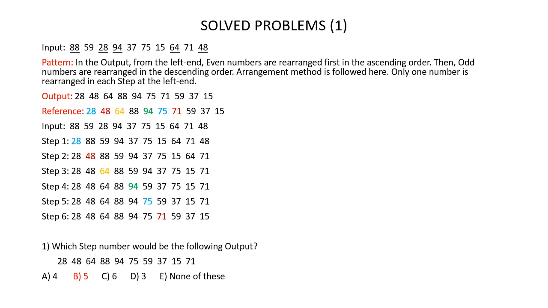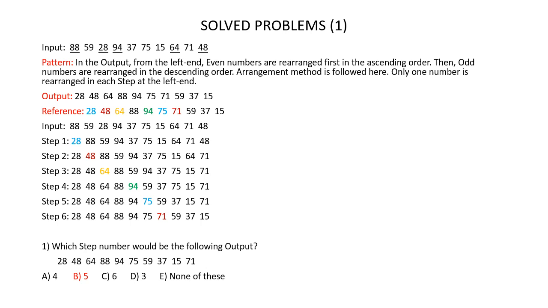So the next number to be rearranged is 94, as can be seen in the reference line. So in step 4, 94 has to be rearranged. So write 94 in the fifth position from the left end in step 4. The remaining numbers of step 3 are written as they are in the same order.